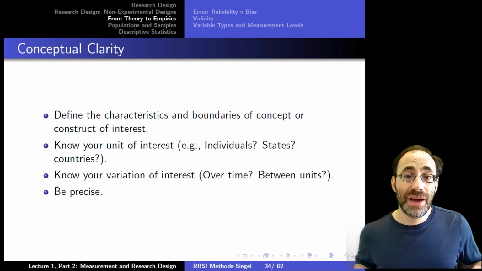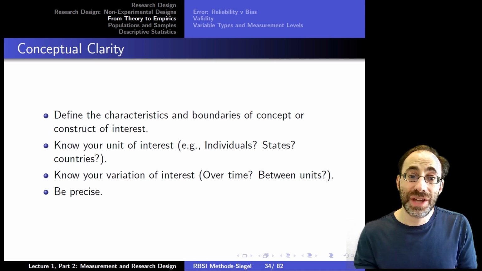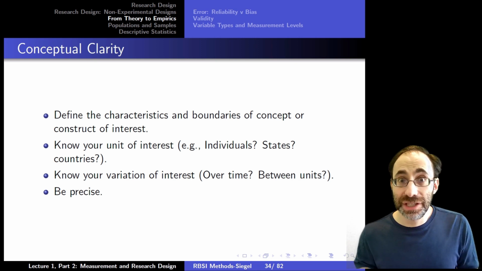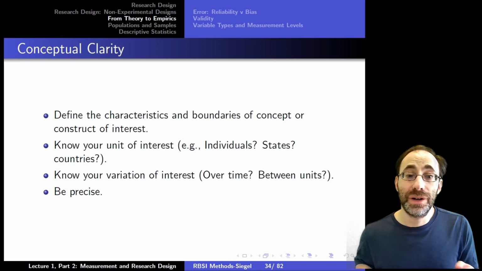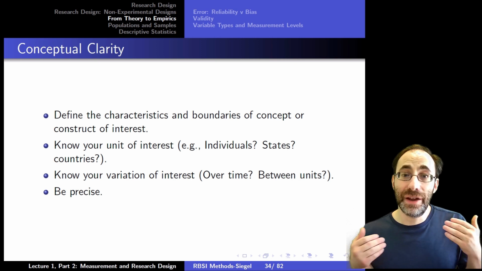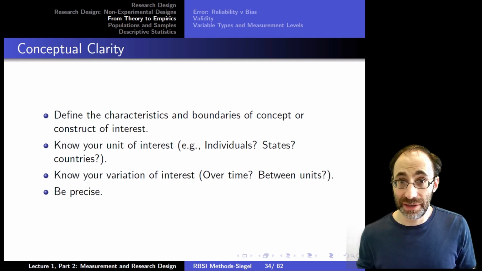In general, to make it easier for yourself, your goal is to have very clear definitions of the characteristics and boundaries of your concept or construct of interest, right? You want to know exactly what you're talking about and what you mean by it, not just the common usage words. Exactly what you mean by it, and write it out very clearly before even trying to get what measurement would be applicable.